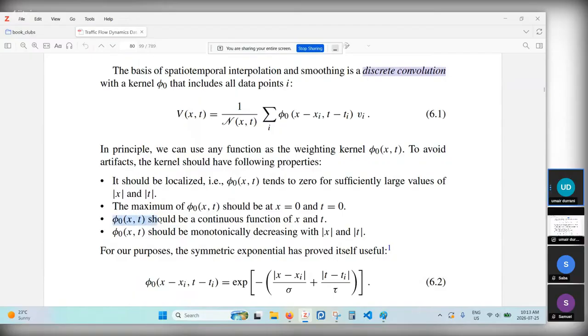Similarly, the weightage factor should be a continuous function of x and t, and it should be monotonically decreasing with the absolute values of x and t. So as we have larger values of x and t, phi naught should move towards 0.